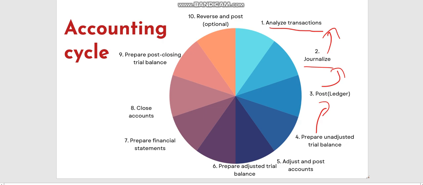Adjust and post accounts. As we have mentioned previously, the accounting period is a specific duration of time. It can be 1 month, 6 months, or 1 year. So there are transactions that relate to this period that happen outside this duration. Let me give you an example.